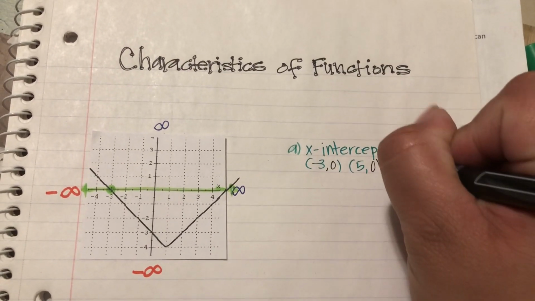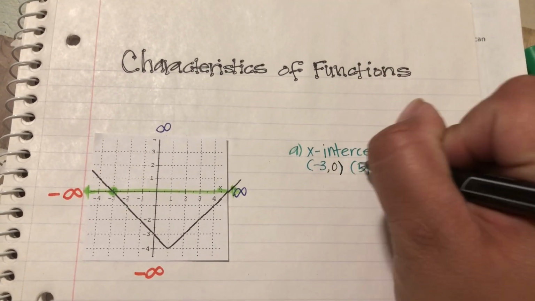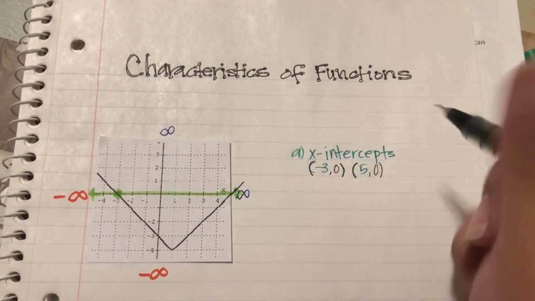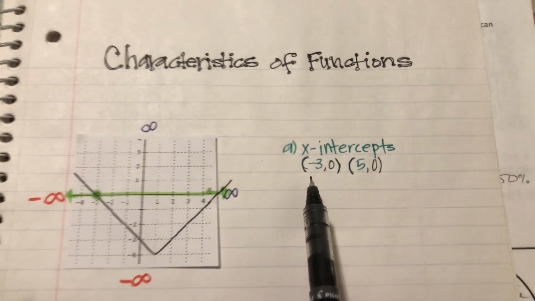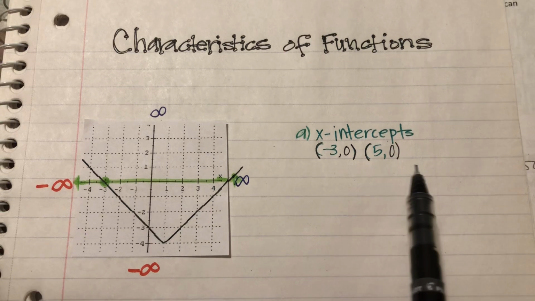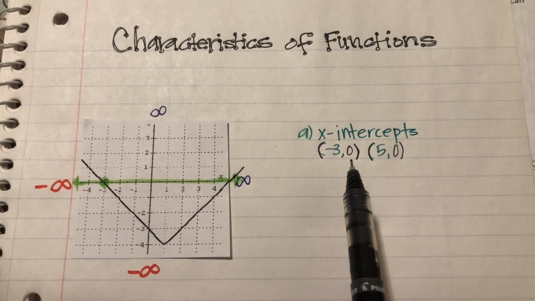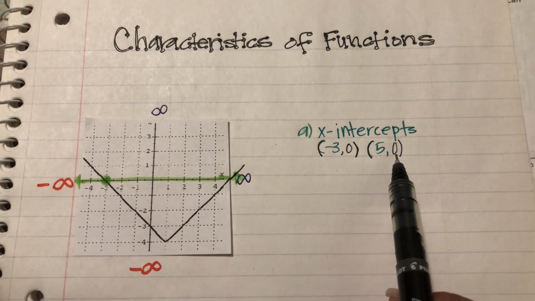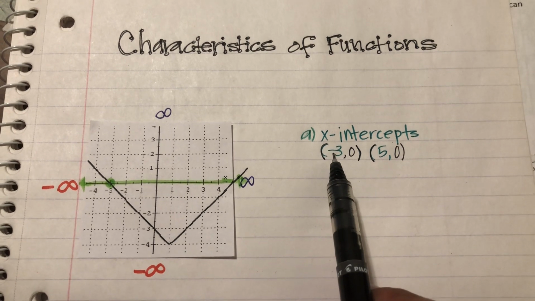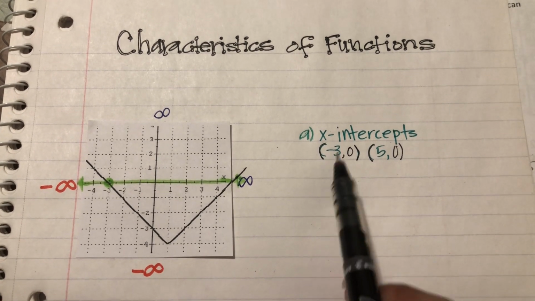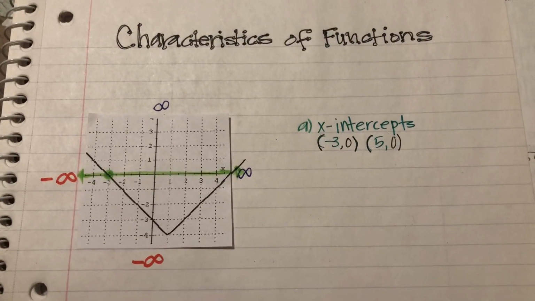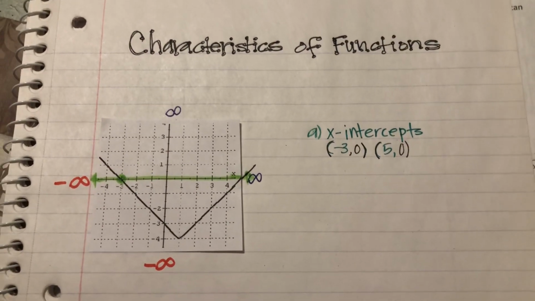Now, why am I doing these zeros in black? Because this in black is always going to be the same. When we're talking about our x-intercepts, our y is going to be 0, and the only numbers that are going to change are this first number and this first number. Okay, so those are my x-intercepts.